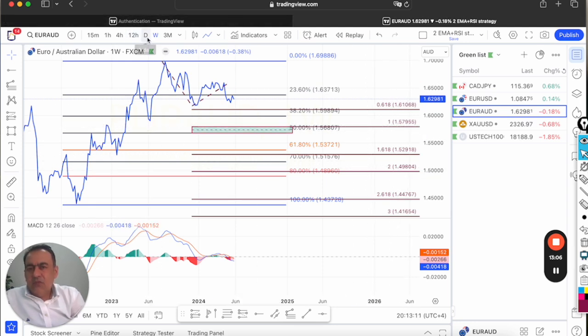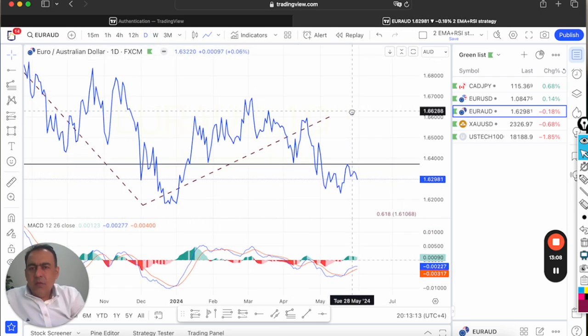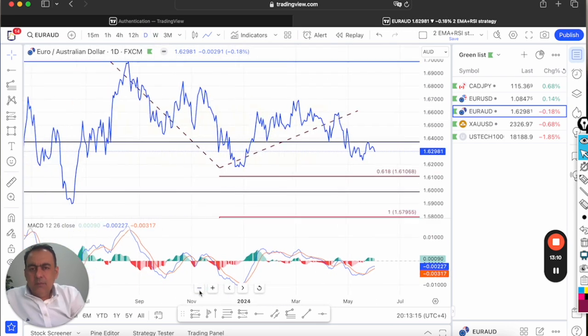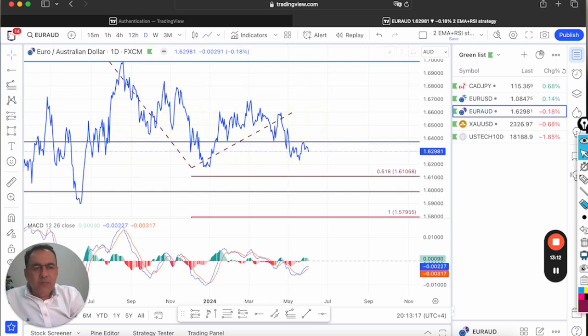Now let's move down to daily. Based on the daily chart, the pattern is quite bearish. I can see that the sellers are continuously maintaining lower highs, and there are no signs against as of now.